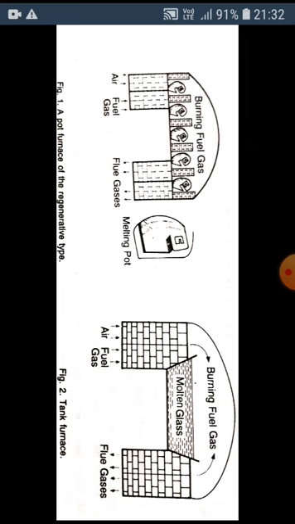Next are the tank furnaces. In a tank furnace, batch materials are charged into one end of a large rectangular tank built of blocks. These blocks are of refractory nature. Tank furnace also works on the regenerative principle of heat economy and is heated by producer gas.